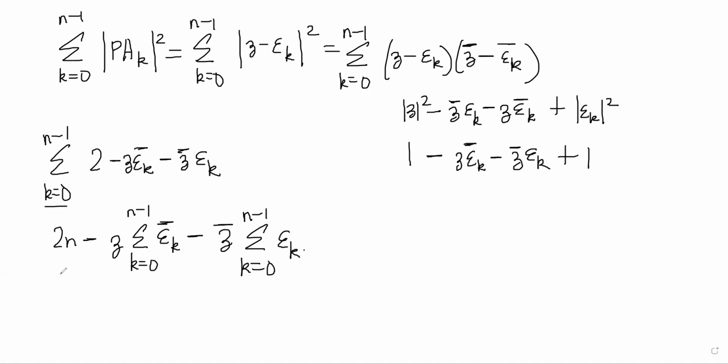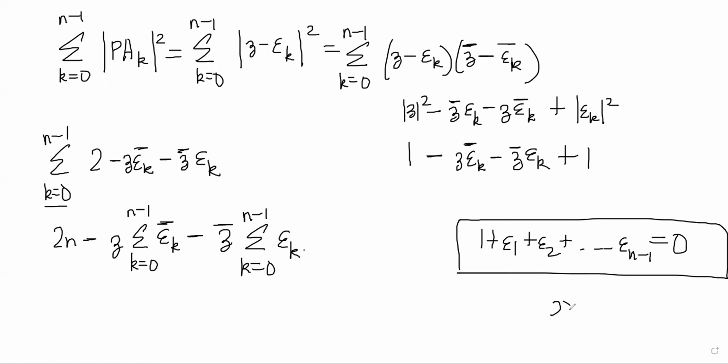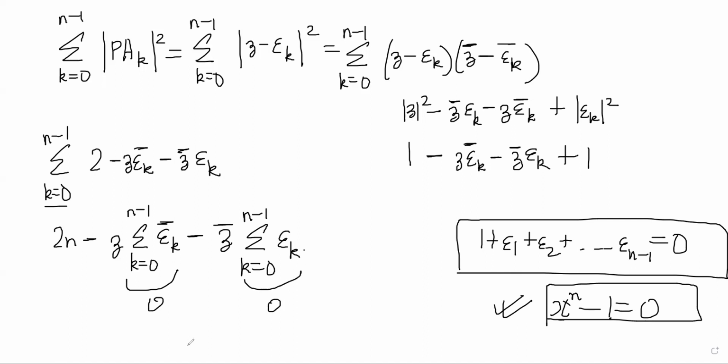Now the standard property is that the sum of all the roots 1 plus e1 plus e2 till en minus 1 is always equal to 0. By Vieta's relations, the sum of the roots is 0 because the second term is missing, right? So this summation is 0, and this summation is 0 because if the roots add up to 0, the conjugate of that will also add up to 0. So basically you're getting this summation equal to 2n.